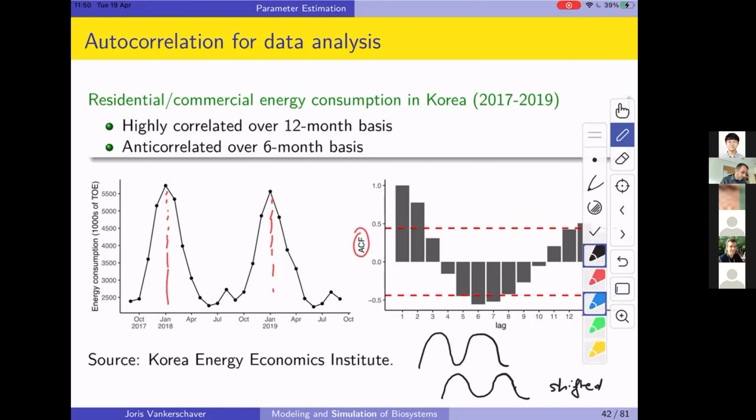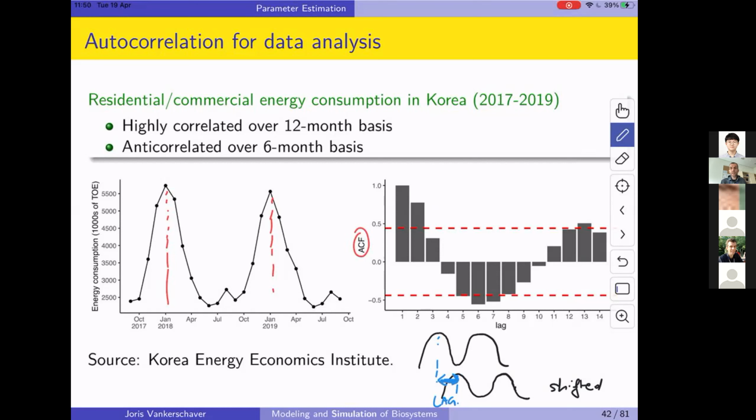The amount by which we shift, so let's measure it from the peak here to the peak here, this amount that we shift by is called the lag. And now we compare those two signals. The way that we're going to compare them is we multiply the data points from the original signal with the data points from the shifted signal and sum up all of those multiplications.